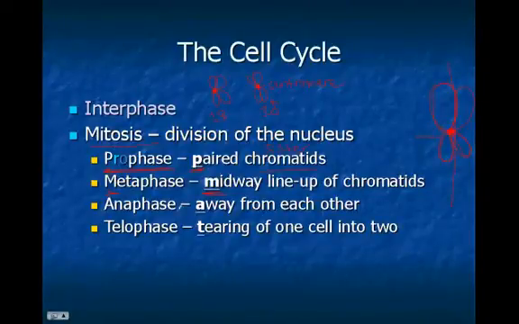It's going to go from these nice tight chromosomes, and it's going to decondense into this uncoiled phase, and then at the end of that, our cell will literally tear into two or split into two. So if you think of mitosis, mitosis is very easy.